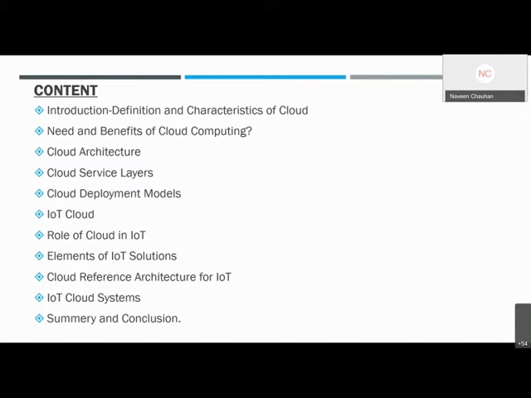After that, we'll talk about the IoT cloud, that is, integrating both technologies, the role of cloud in IoT, and elements of IoT solutions.